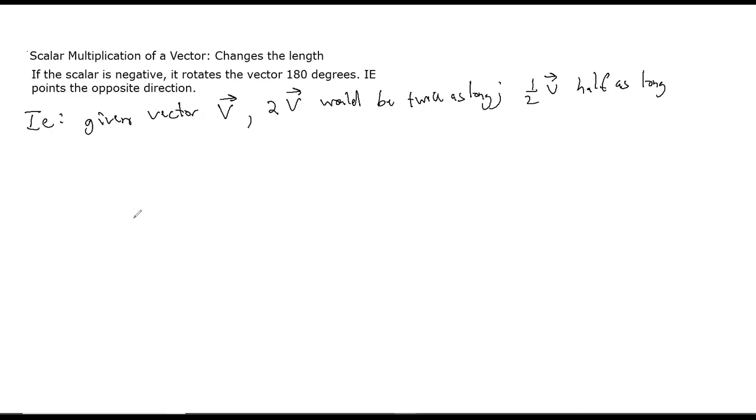So let's draw up a couple of pictures for fun. This right here is our vector v. Again, I'm using the arrow notation this time. Now I can't actually measure this, unfortunately. I'm going to do this to the best of my ability.